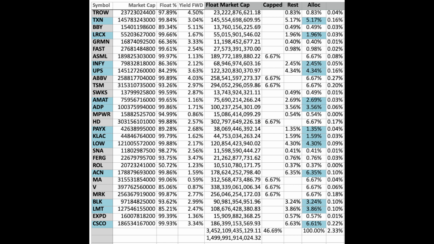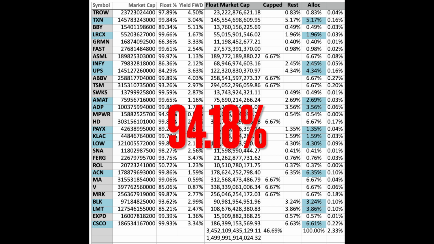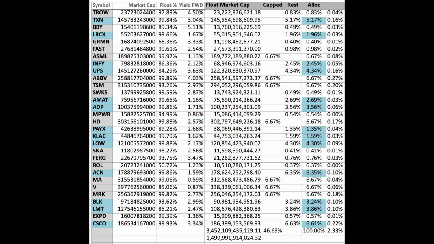These 13 stocks, in addition to the 7 max allocation stocks, make up 94.18% of the portfolio. So the remaining 10 stocks, all with rather small allocations, will not have a major impact on long-term results as they make up less than 6% of the portfolio.